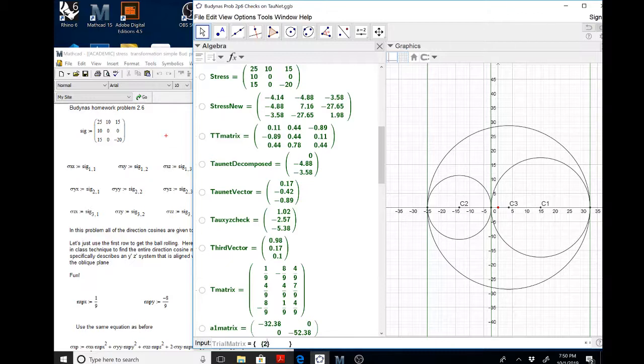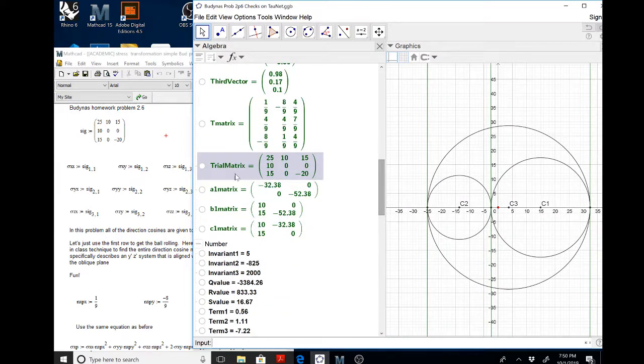So if I wanted to do 25, 10, and 15, for instance, that would all be in one row. And then a comma, and then another set of curly brackets: 10, 0, 0, and then another set of curly brackets: 15, 0, and minus 20. All right, so that seemed to work pretty well. I'll just get rid of that.